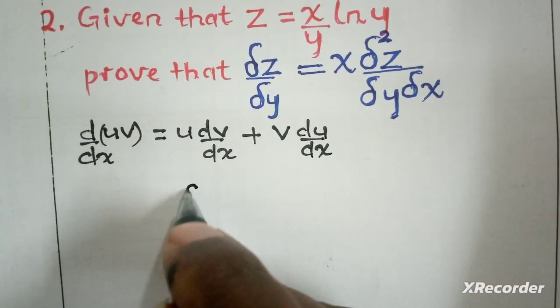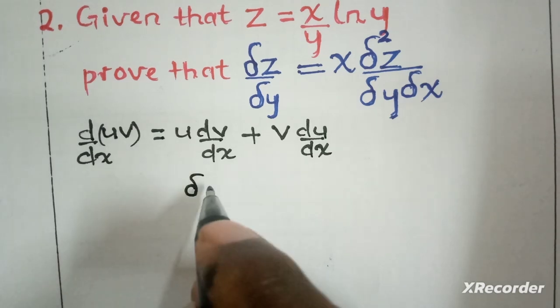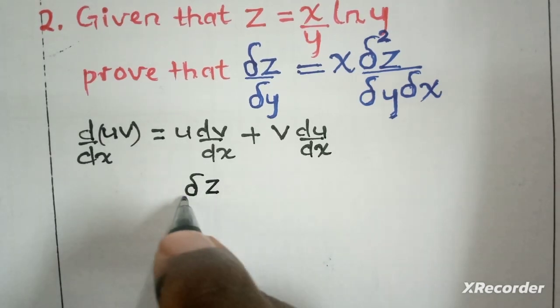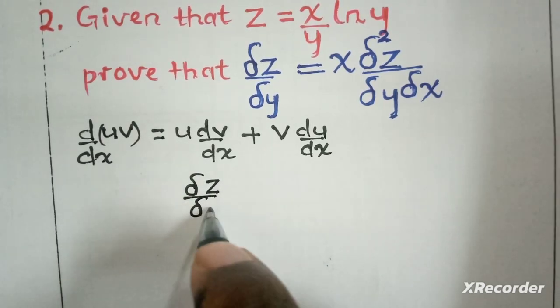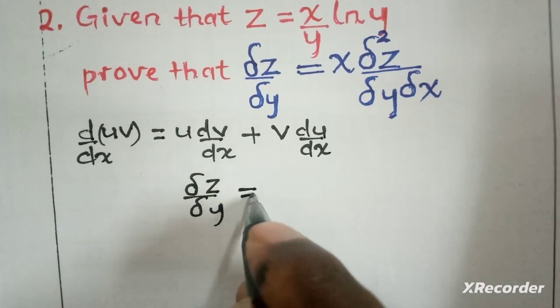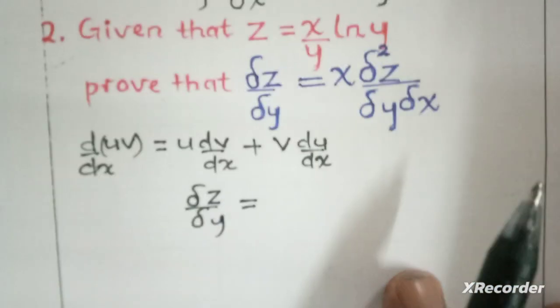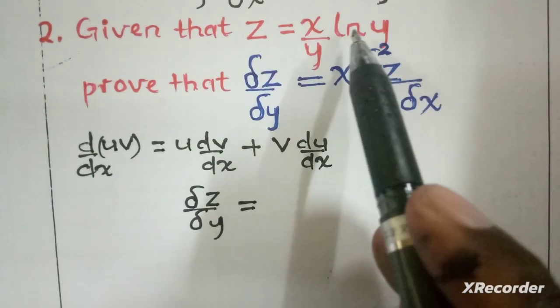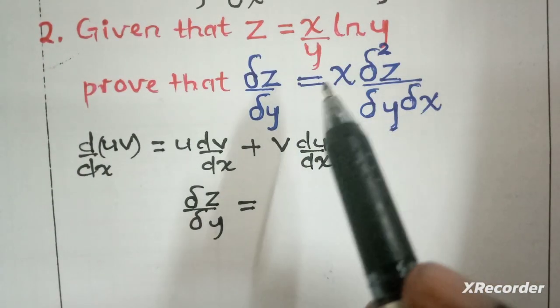and I will write like this: partial differentiation of z with respect to y. This one now is going to be, we come to this equation here, x ln y all over y.